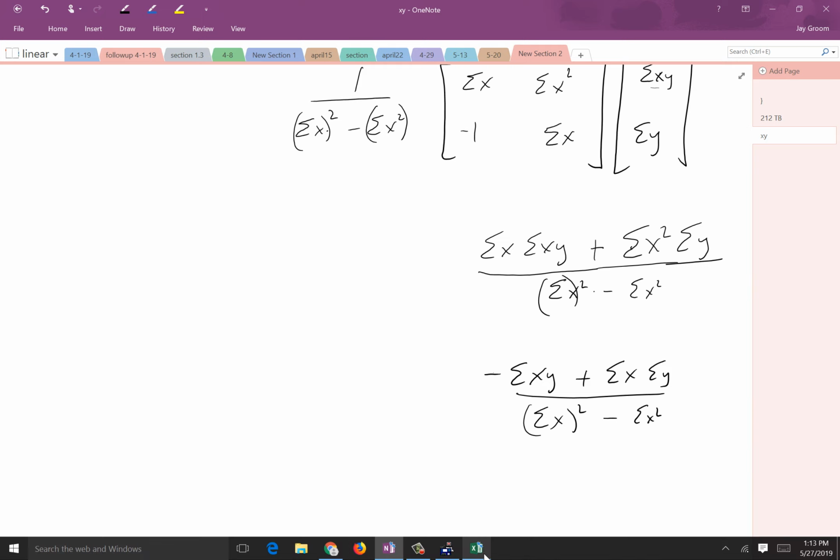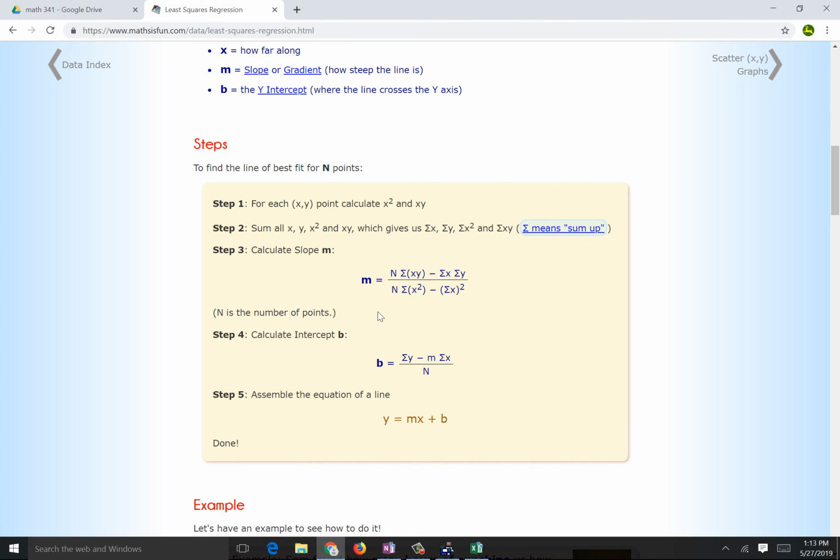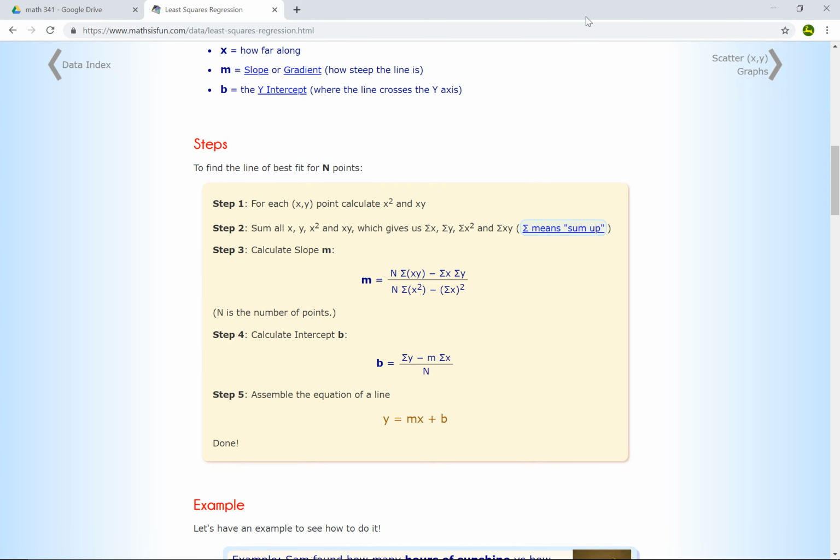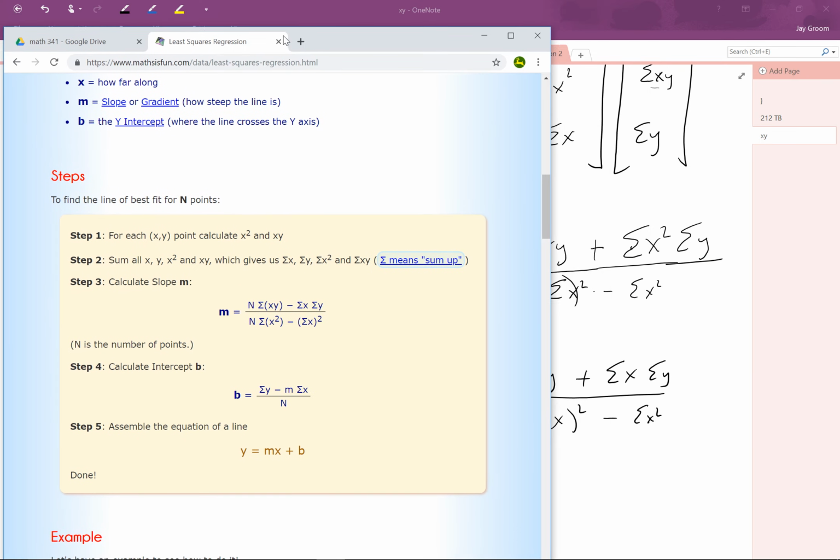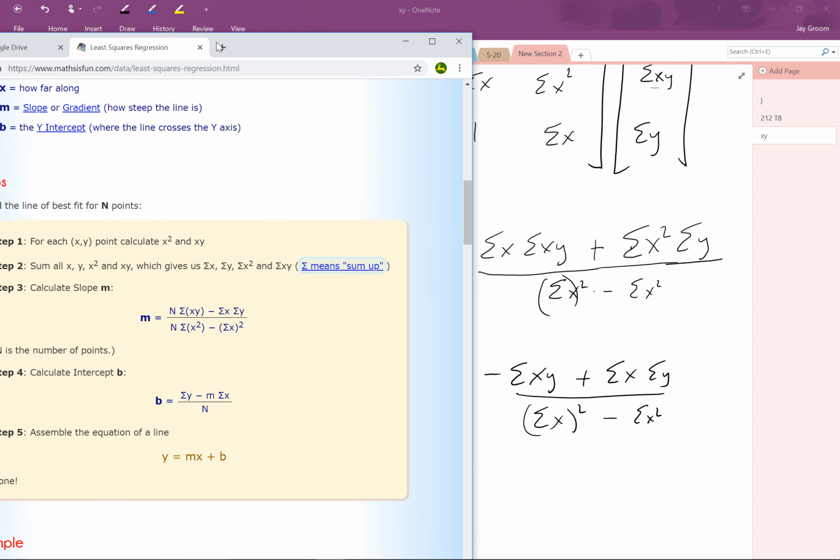So let's bring theirs up. Okay. So the sum of the xy's times the sum of the x's. Well, what is the sum of the x's? The sum of the x's is how many x's there were, so that's actually an n right there.